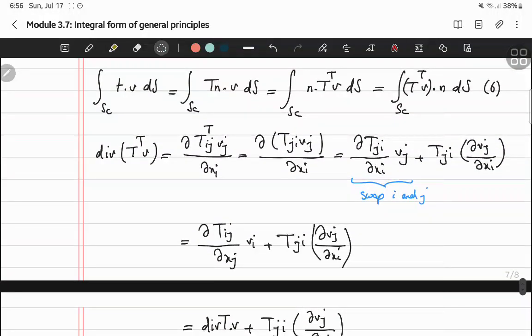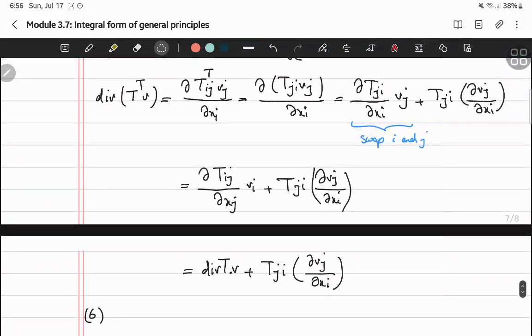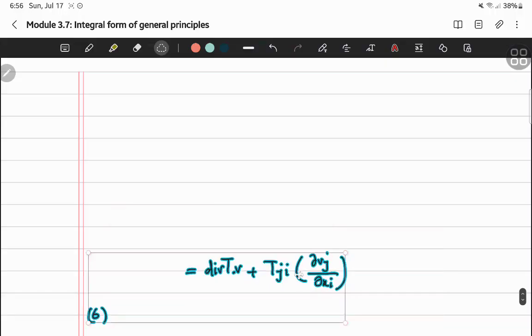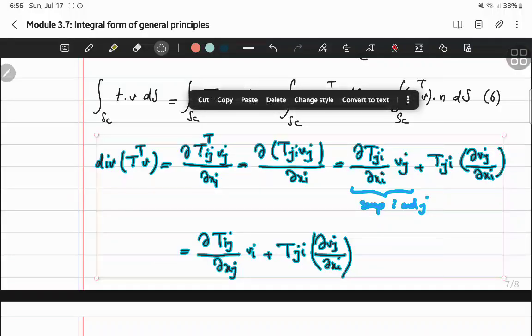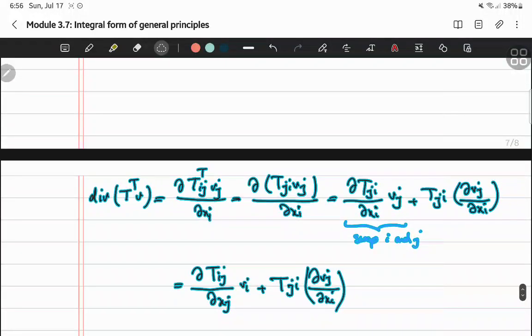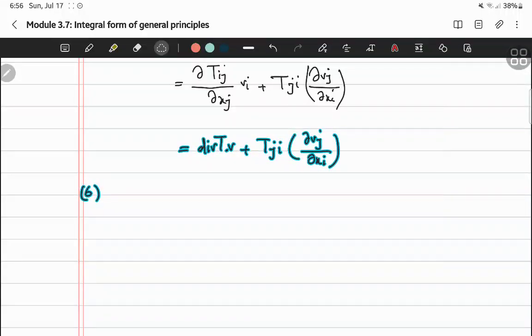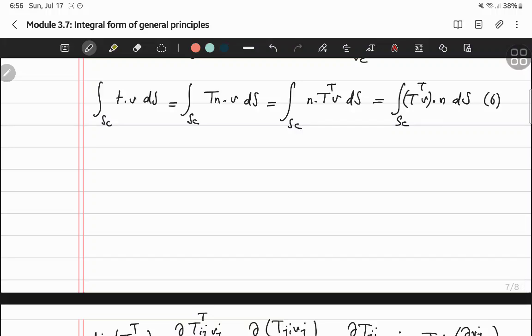Let me just copy and paste it. Perfect. So this is equal to the integral over Vc of the divergence of t transpose v dV.